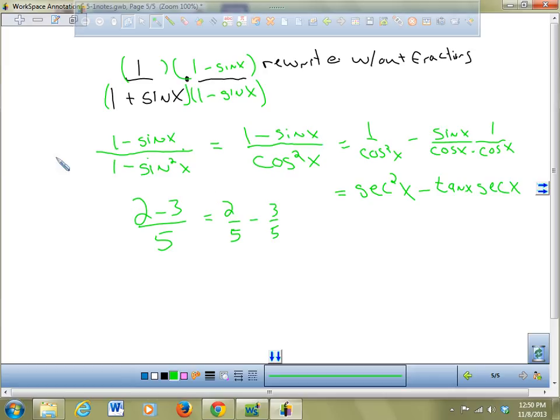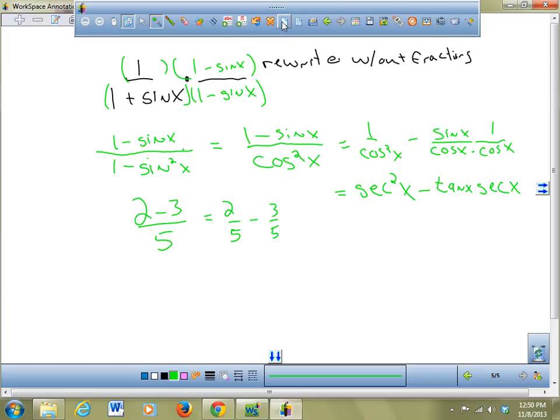That's kind of tricky. But when you get to trig identities, you're going to have to use all of these techniques to solve them. All right? Did you follow that? Okay. Last thing is called trig substitution, and you use this in calculus.